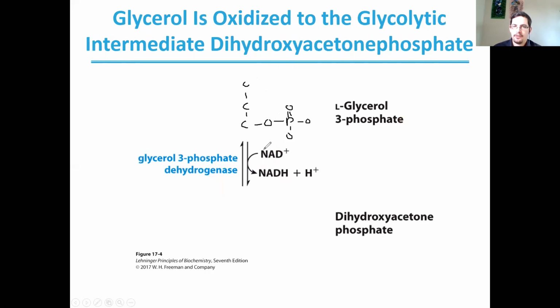And so if we do an oxidation step, we can convert it to dihydroxyacetone phosphate. We've got the phosphate group at one end. We've got our alcohol at the other end. And all we have to do is convert our central alcohol into a ketone to get to our dihydroxyacetone phosphate.